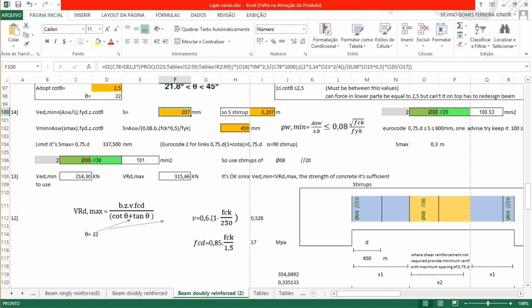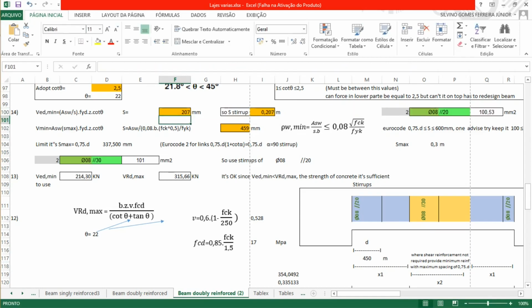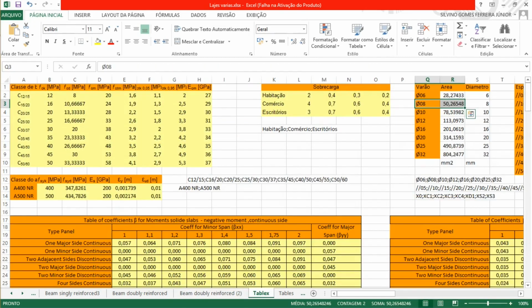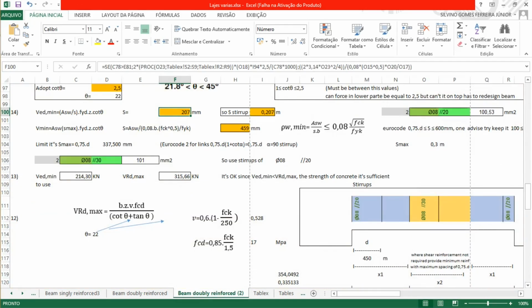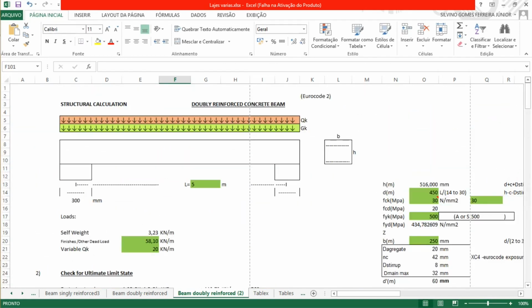The area of steel will be 2 times, because for stirrups we are using 2 legs, and for 8 millimeters it is 50.26 square millimeters. So 2 multiplied by 50.26 square millimeters, multiplied by fyd that we know, which is divided by the safety factor of 1.15, and gives us 434.78.